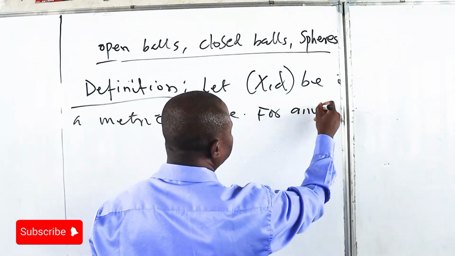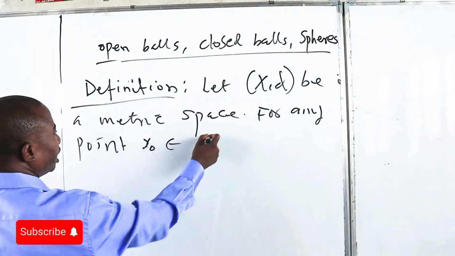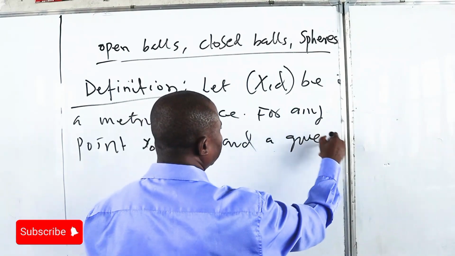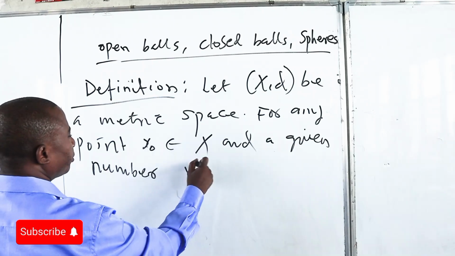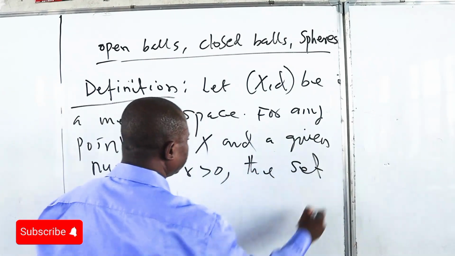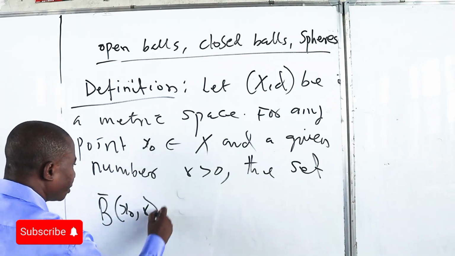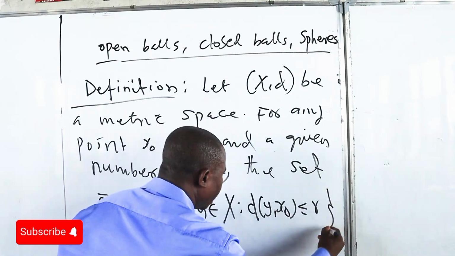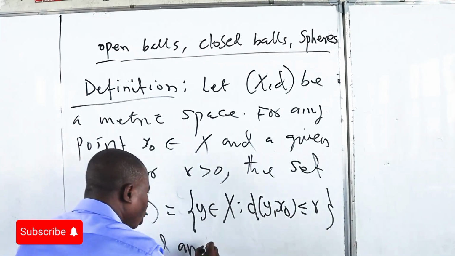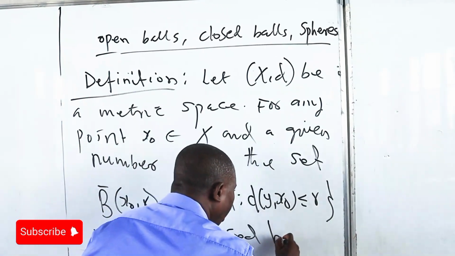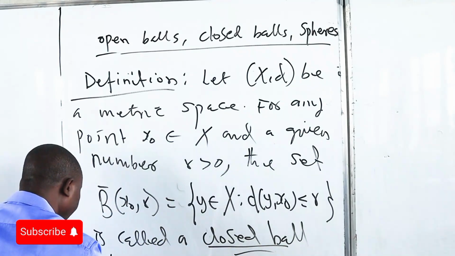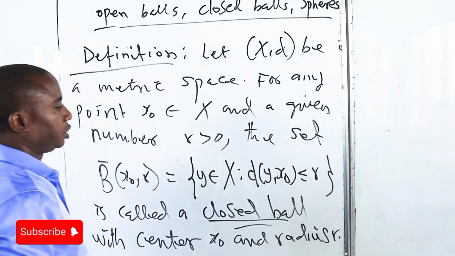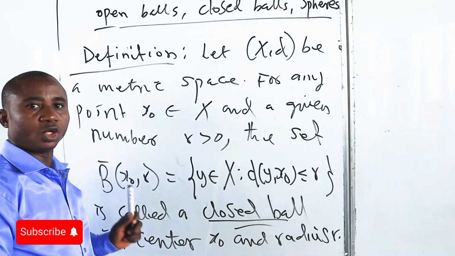For any point x naught in capital X, and a given positive number r bigger than 0, the set B bar (x naught, r), which we define as the collection of all y in capital X such that the distance between y and x naught is less than or equal to r, is called a closed ball with center x naught and radius r.